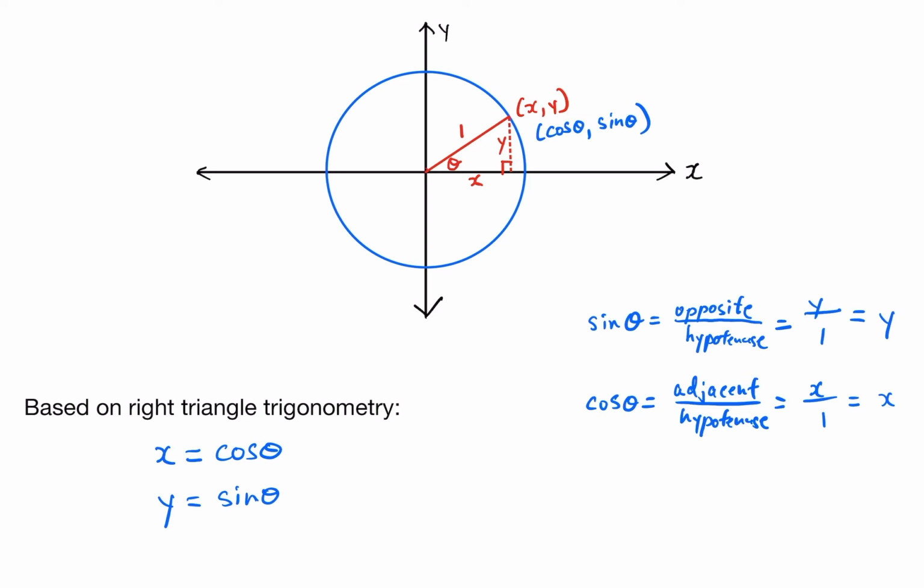Now, this will come into play a little bit later, but the important thing here is to recognize that in addition to calling this x comma y, we can substitute that for cosine theta comma sine theta. And this is what's unique to a unit circle, because the radius is 1, which translates to the hypotenuse of that triangle. That value of 1 allows us to come up with cosine theta and sine theta, okay? All right, so let's go ahead and move on.